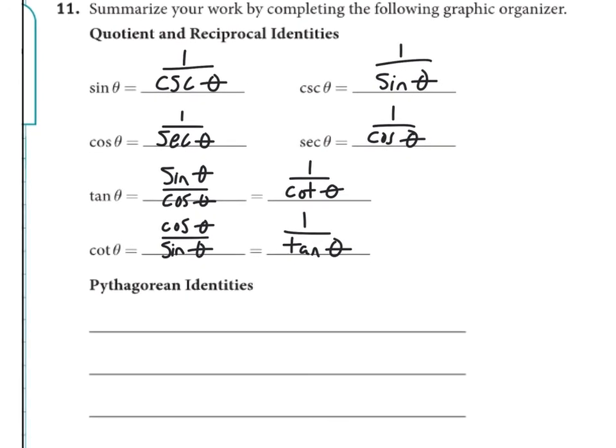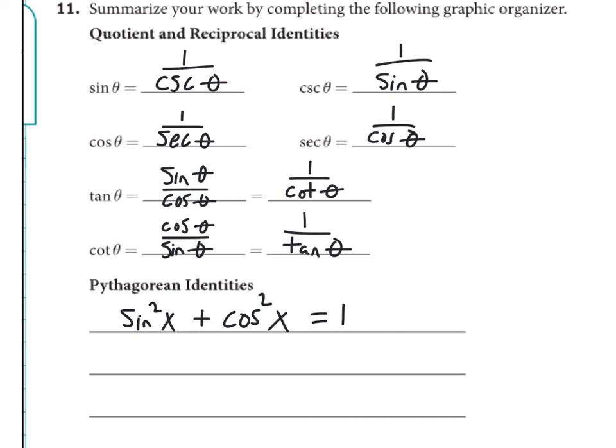And then the three main Pythagorean identities. The big one: sine squared x plus cosine squared x equals 1. I noticed I was using theta above and x here. They're interchangeable for the angle.